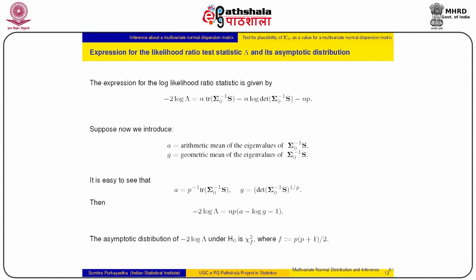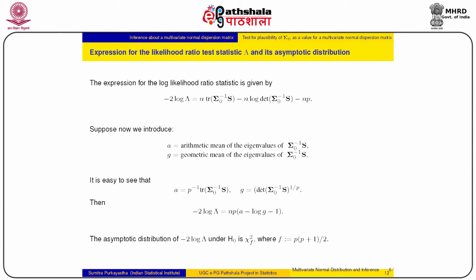So the arithmetic mean of the eigenvalues is a, the geometric mean is g. Then it is easy to see that a is equal to p inverse trace of sigma naught inverse S, and g is equal to determinant of sigma naught inverse S whole to the power 1 by p. And then we immediately notice that minus 2 log lambda is np times a minus log g minus 1.